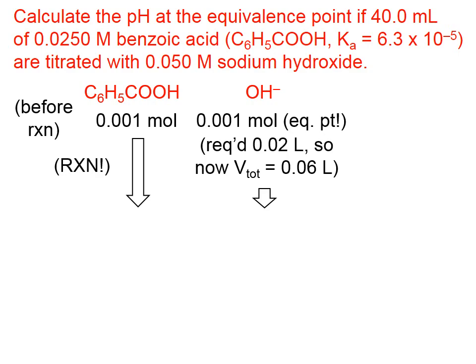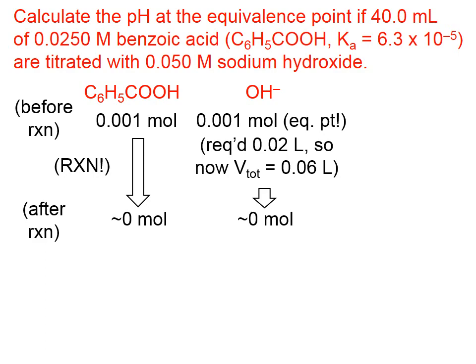The OH is going to rip off H's from the benzoic acid, which means we will have no benzoic acid molecules left at the end, and we'll have no free hydroxide ions left at the end.